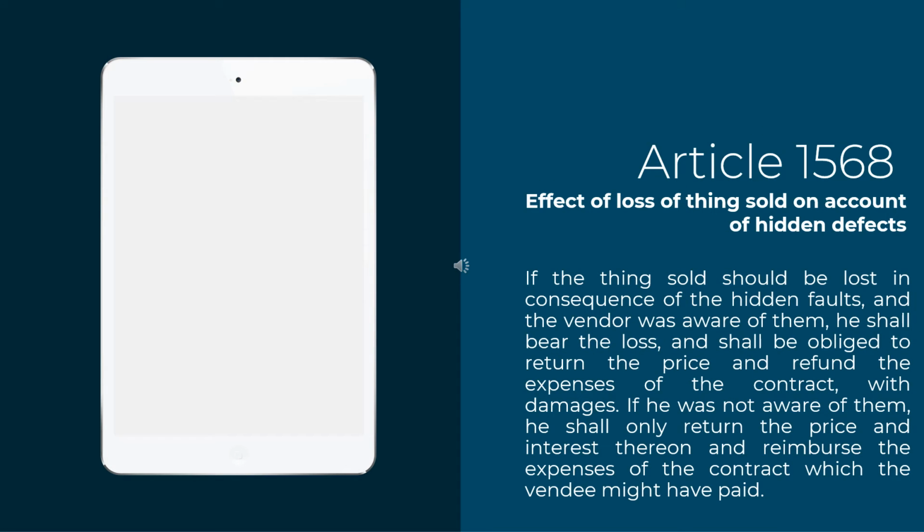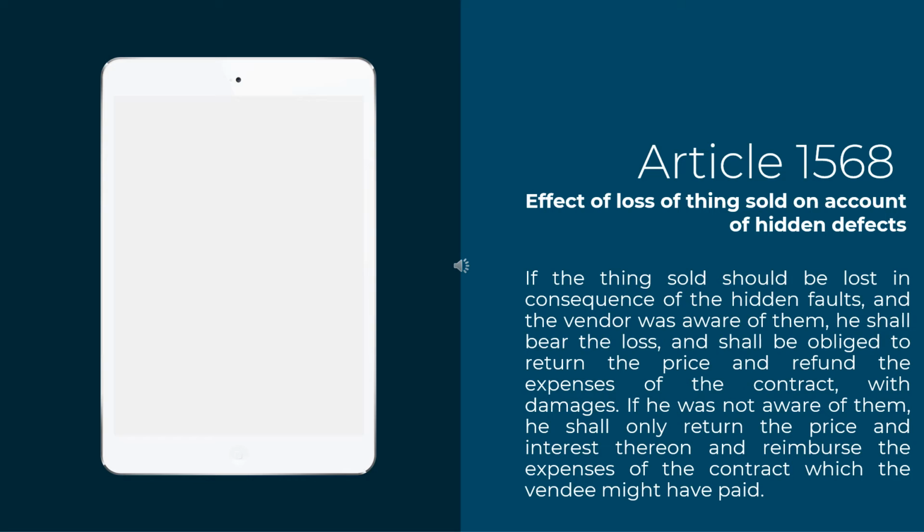Moving on to Article 1568, which talks about the effect of loss of things sold on account of hidden defects. Now, the provision goes, if the things sold should be lost in consequence of the hidden faults, and the vendor was aware of them, he shall bear the loss and shall be obliged to return the price and refund the expenses of the contract with damages.